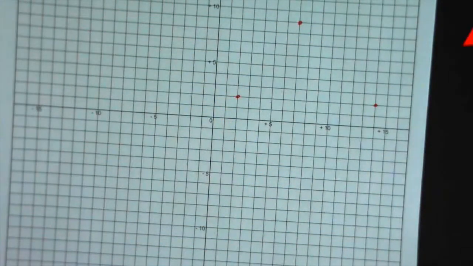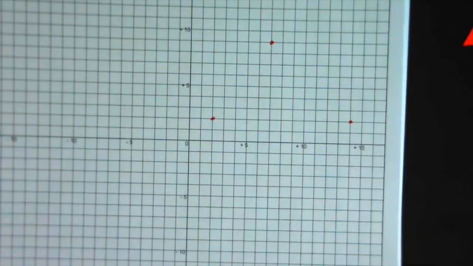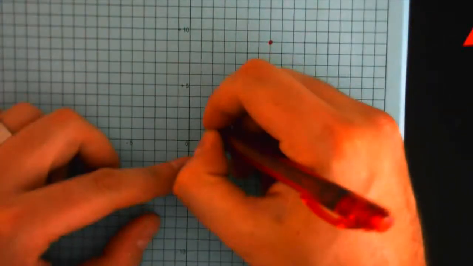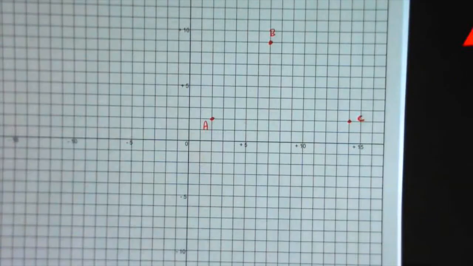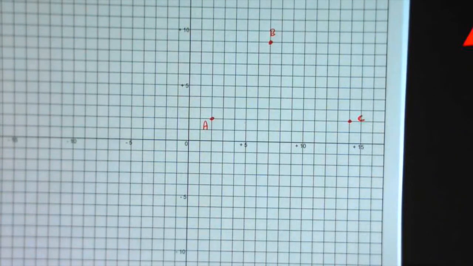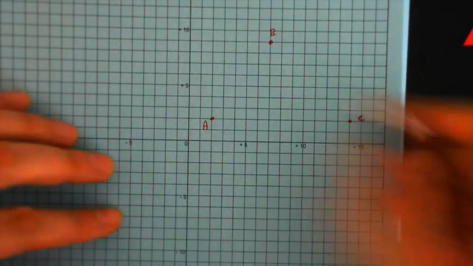So let's look at this coordinate grid. Looks a little different. Can you tell me where these 3 points have been plotted right now? Oh, I forgot to label them. Can you tell me where these 3 points are plotted? Miguel, start with A. A is 2 and 2.